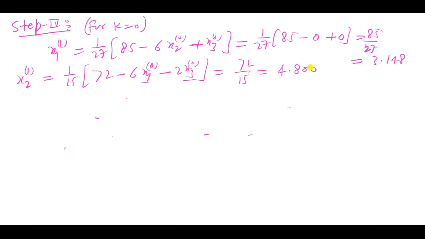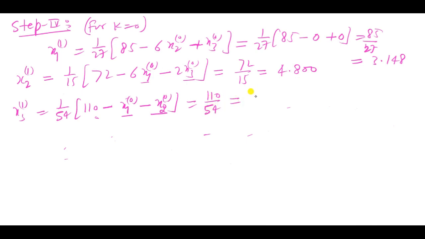Now put k is equal to 0 in equation 3, then we obtain x3^(1) is equal to 1 upon 54 times (110 minus x1^(0) minus x2^(0)), and x1^(0), x2^(0) are given 0. So in that case this is 110 upon 54. So this value is equal to 2.037.